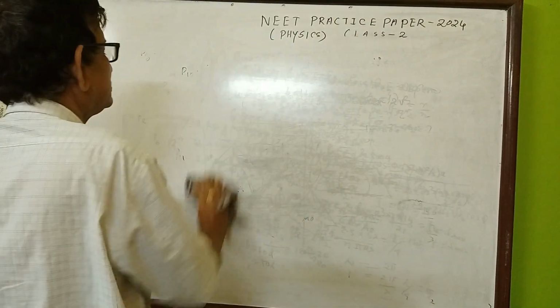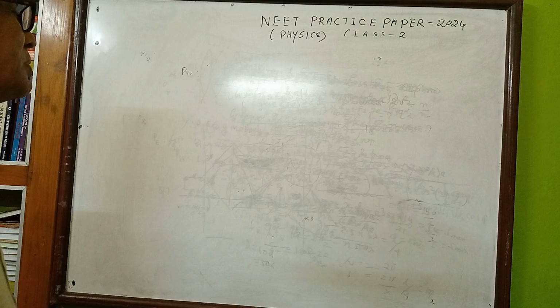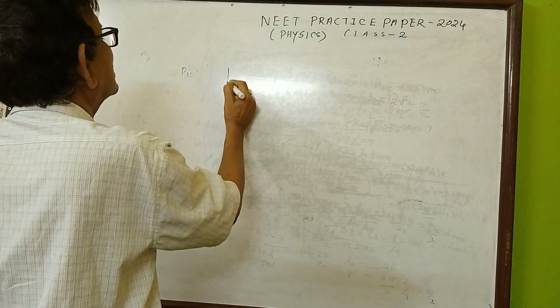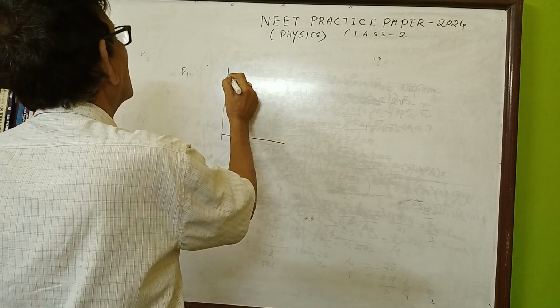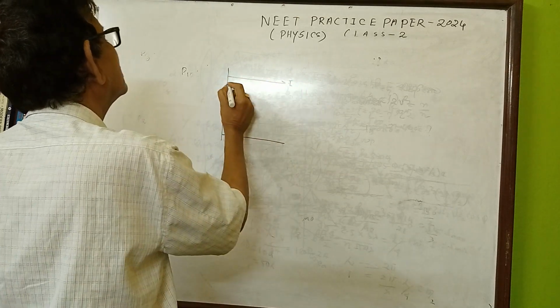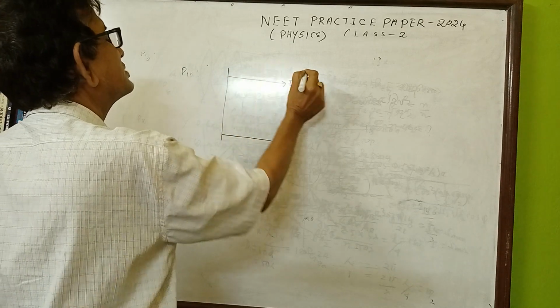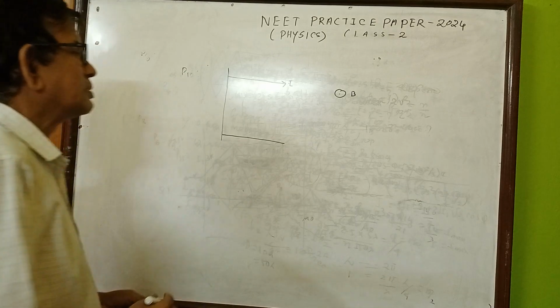Suppose this is the y direction. Now along this x direction there is E, along x direction E there is also B. Clear?